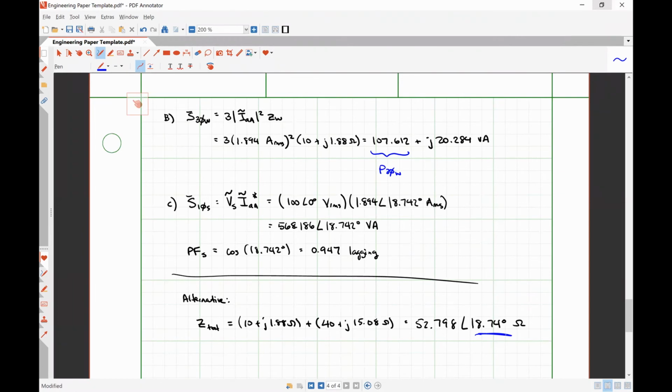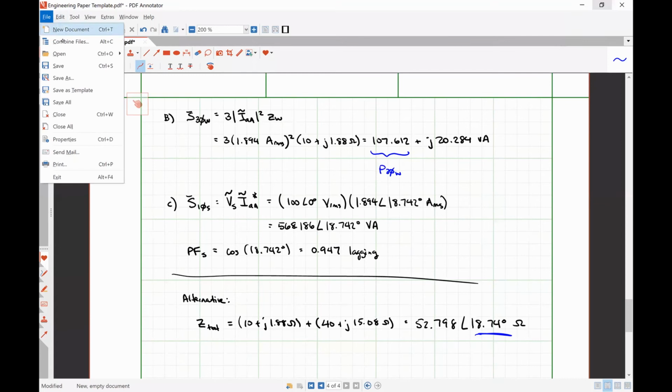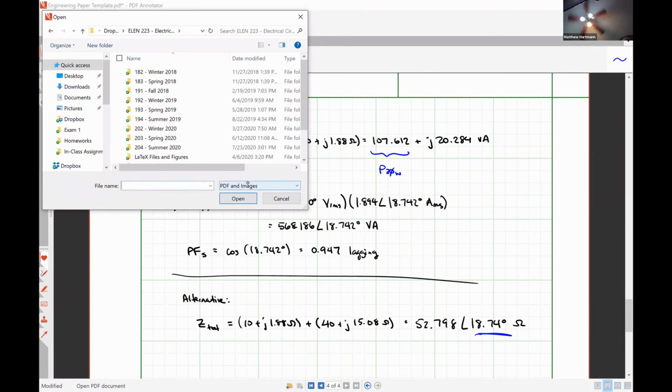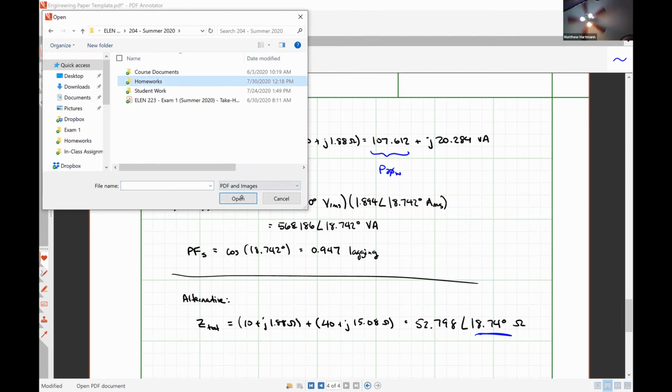I wouldn't be against looking at a three-phase power homework problem. Alrighty. Let's see, 223. Summer. Homework.